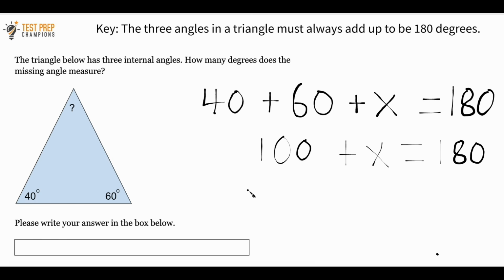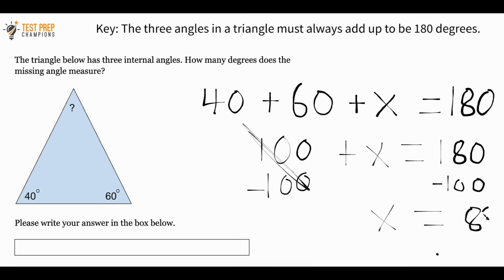So now what I can do is I can subtract 100 from both sides of the equation. And subtracting by 100 on the left-hand side cancels out the 100, and subtracting on the right-hand side is going to give me x equals 80. So the correct answer here is 80. And again, that key point is that the three angles in a triangle must always add up to be 180 degrees.